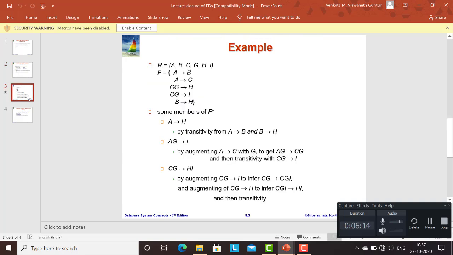Okay, just a small example here. This is the reason I even changed the slides. So let's say that you are given a relation R with attributes A, B, C, G, H, I, right? These are the set of attributes. And let's say these are the set of functional dependencies, right?